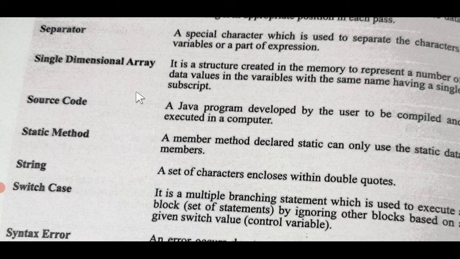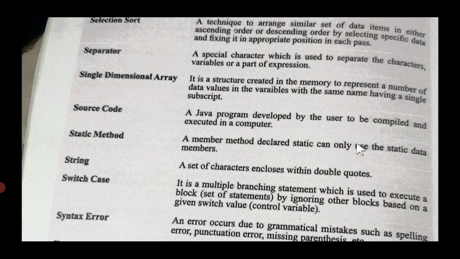After that, source code, a Java program developed by the user to be compiled and executed. Then static method, a member method declared static can only use the static data members. All right, so you do not need to create an object to call the static method. It is called by using the class name, okay, because it belongs to the class only.